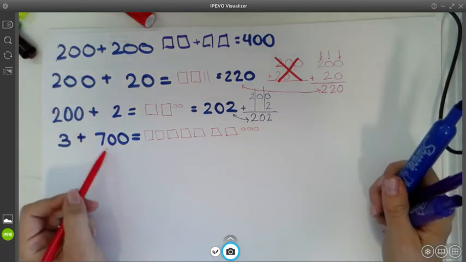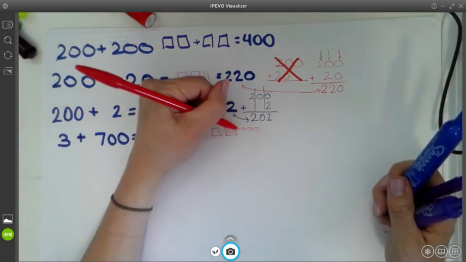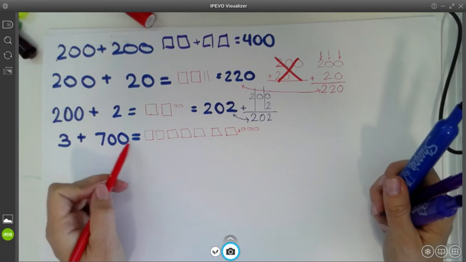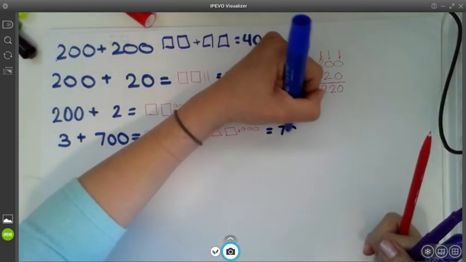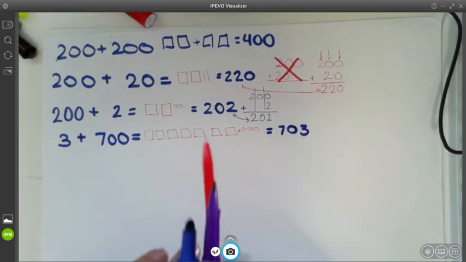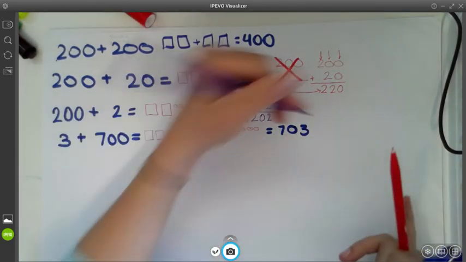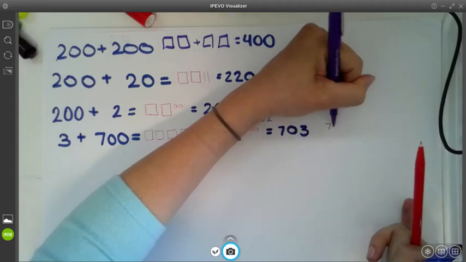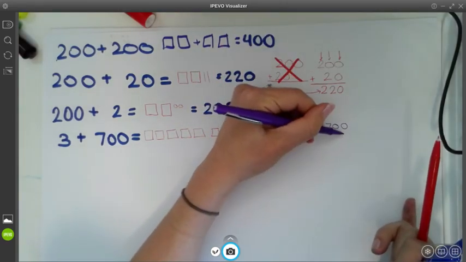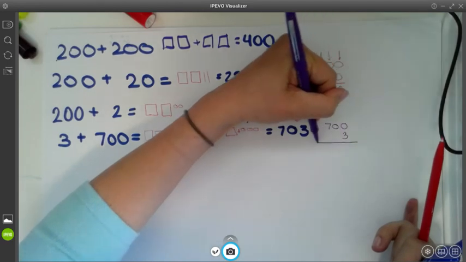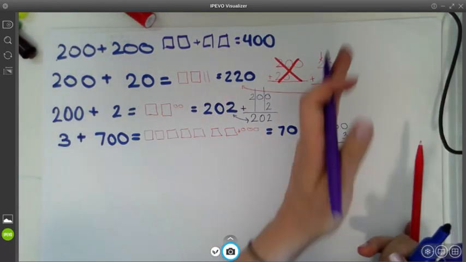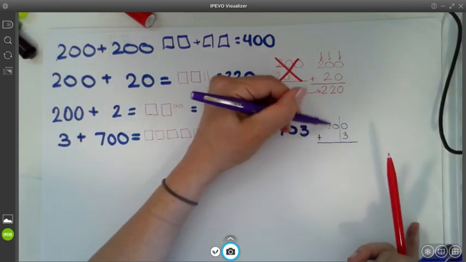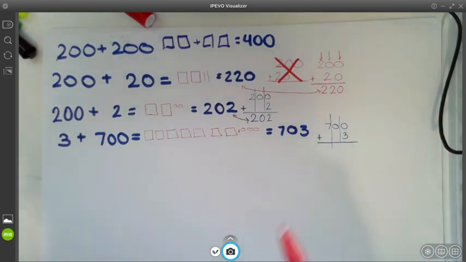So you can say 700, I can even put a plus sign if I want, but 700 plus 3 equals 703. Same thing. If I want to vertically align these numbers, I would have 700. I want to make sure my numbers stay aligned. This, more than anything, is great practice with thinking about alignment and the importance of place value when you're doing addition and subtraction with 3-digit numbers.